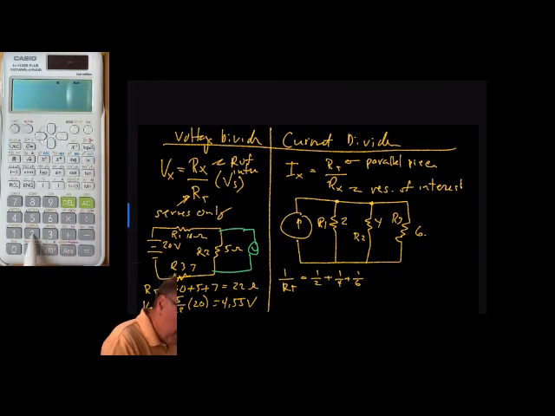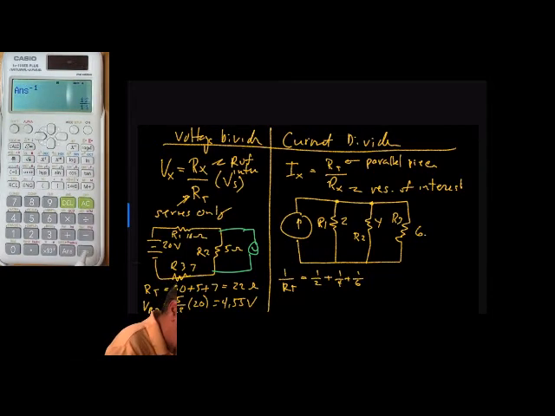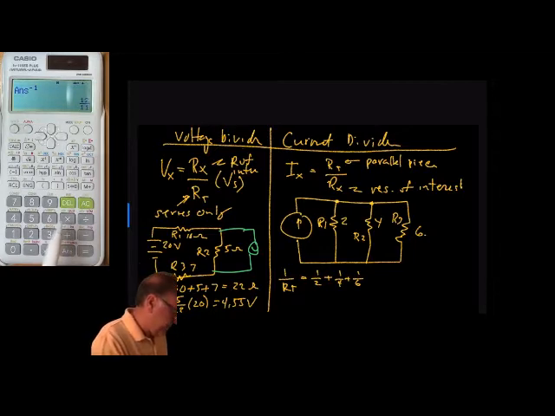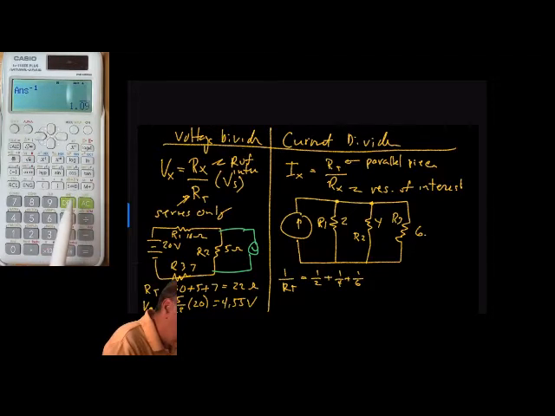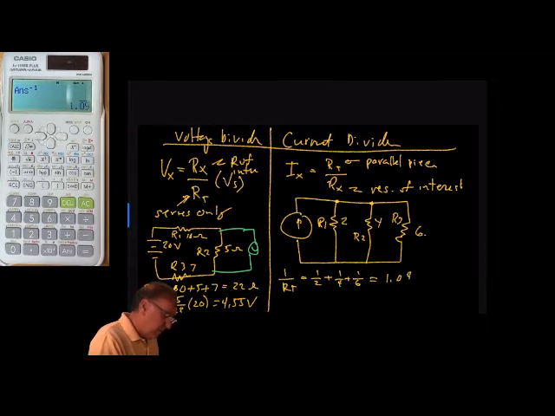So we could do 2 reciprocal plus 4 reciprocal plus 6 reciprocal, and that equals, and we take the inverse of that, and that's 1.09 ohms.